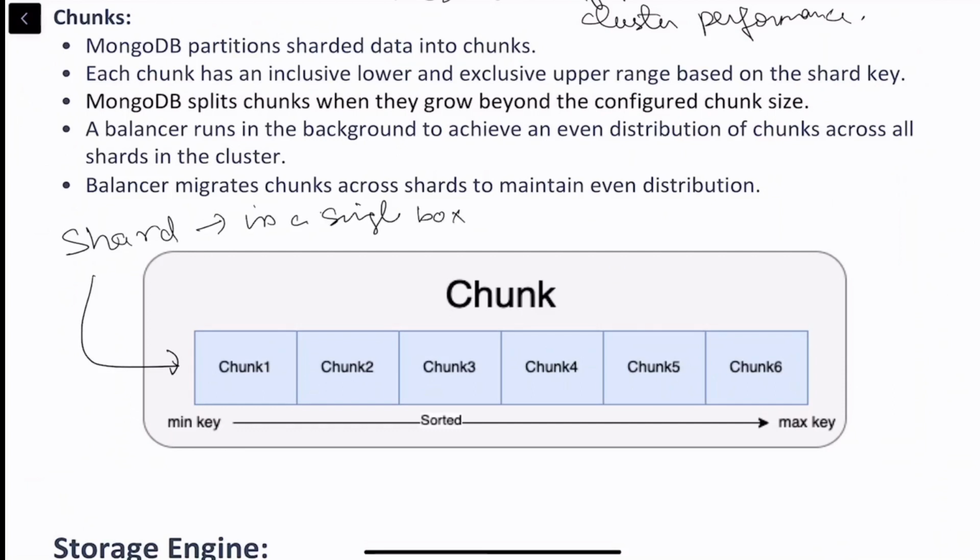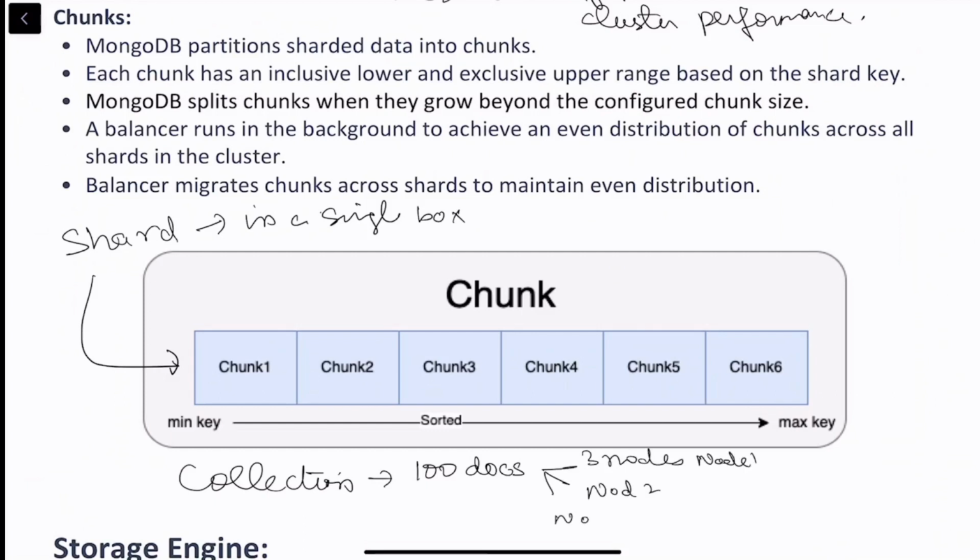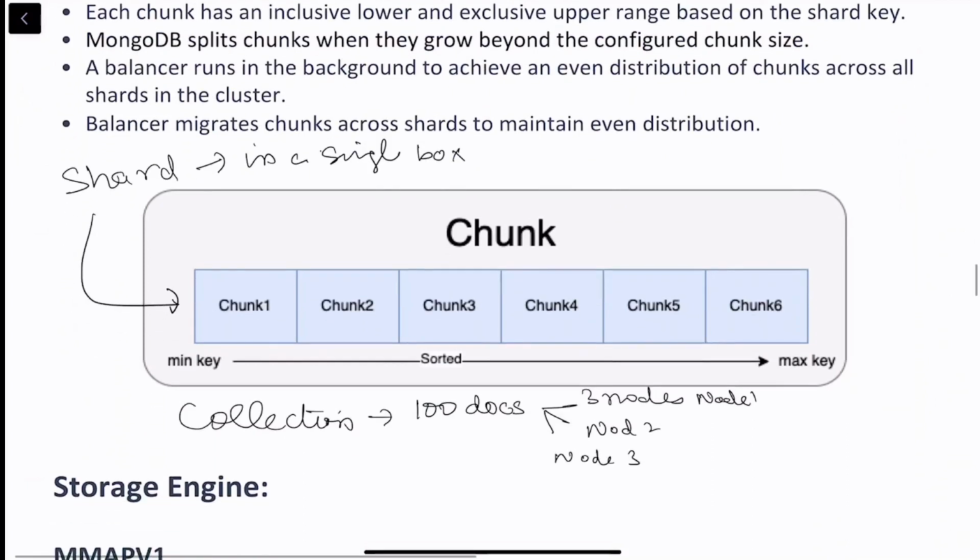If you see the hierarchy, you'll have a collection which can have 100 documents, and it can be distributed across 3 nodes: node 1, node 2, node 3, and each node would have chunks. So maybe each node would have 33 documents, and let's say 11 documents in a chunk.